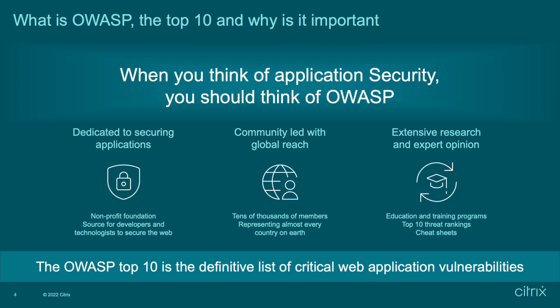They have tens of thousands of members across the globe, many of whom undertake extensive and valuable research into application security. And while OWASP have created many educational tools and produces many different cheat sheets aimed at security professionals, they're most known for their list of top 10 most critical and severe web application security risks.